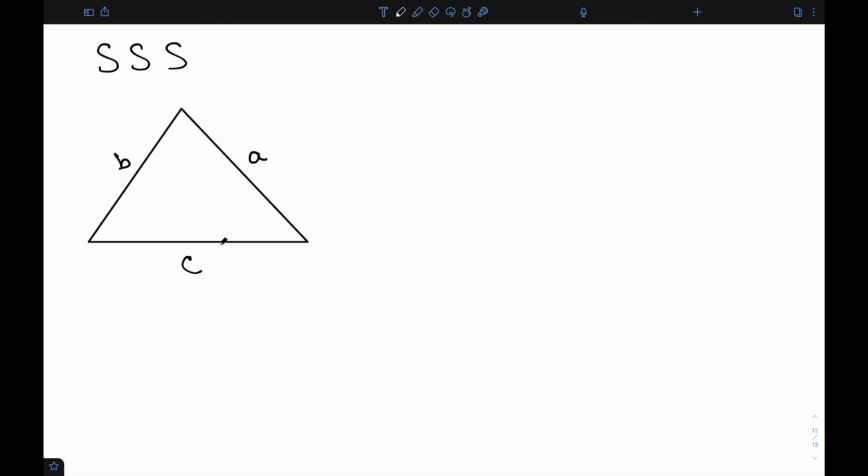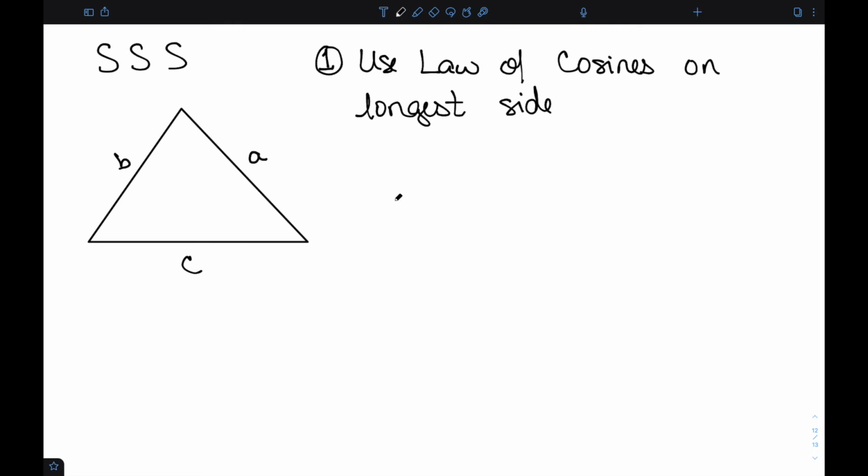The final type of triangle that I want to look at that can be solved using the law of cosines is side, side, side. I know all three of the sides and none of the angles. We start by using the law of cosines on the longest side. This will give us one of our three angles, in particular our larger of the three angles. We can then use our law of sines on either of the other two angles.